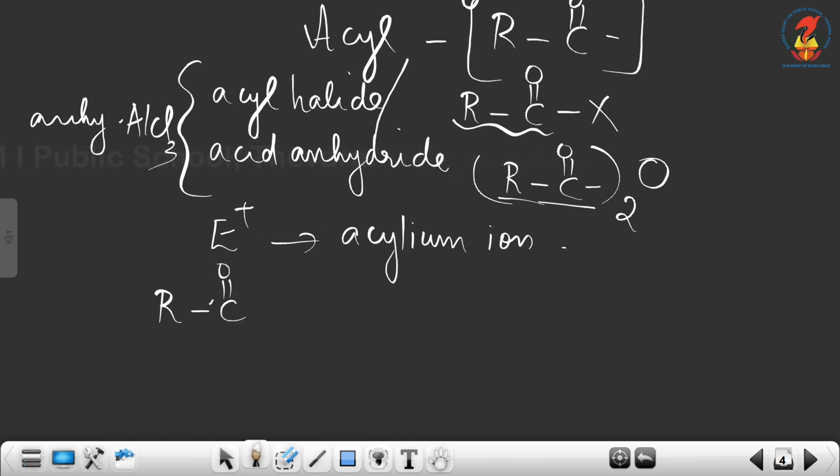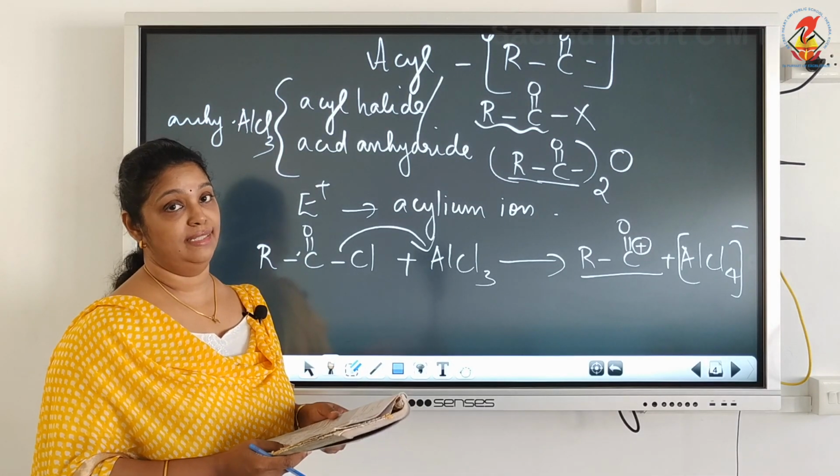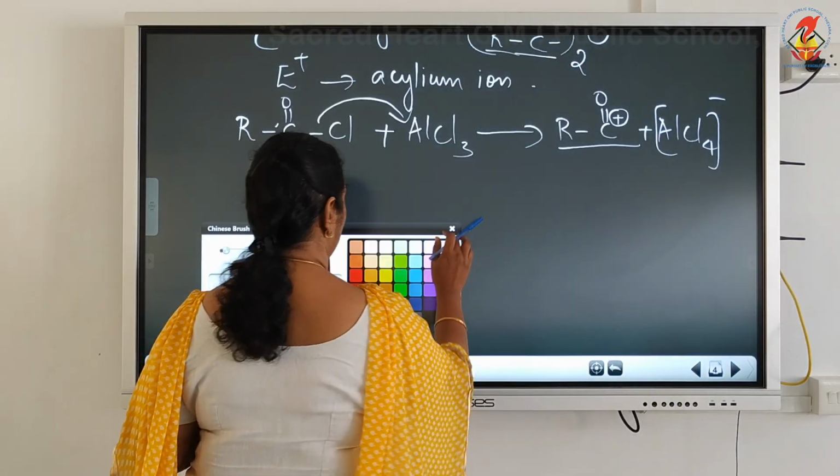RCOCl, I am taking acyl chloride, plus aluminium chloride. Again, this bond will be taken by aluminium chloride. We get RCO with a positive charge on carbon plus AlCl4-. So this acylium ion will add to benzene. Now let's write an example for the Friedel-Crafts acylation reaction.